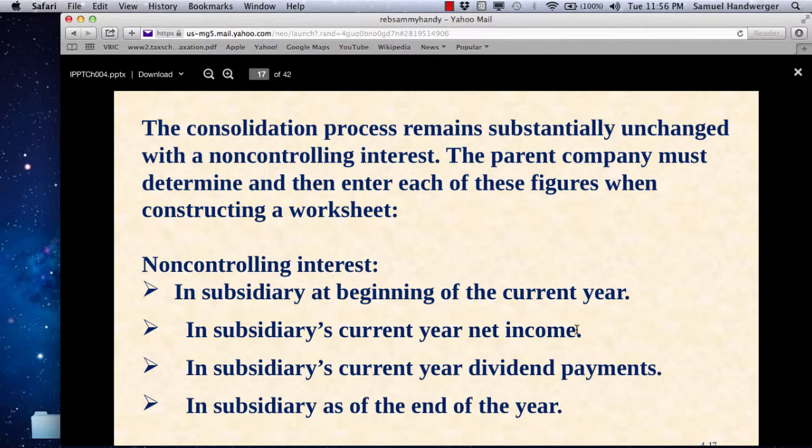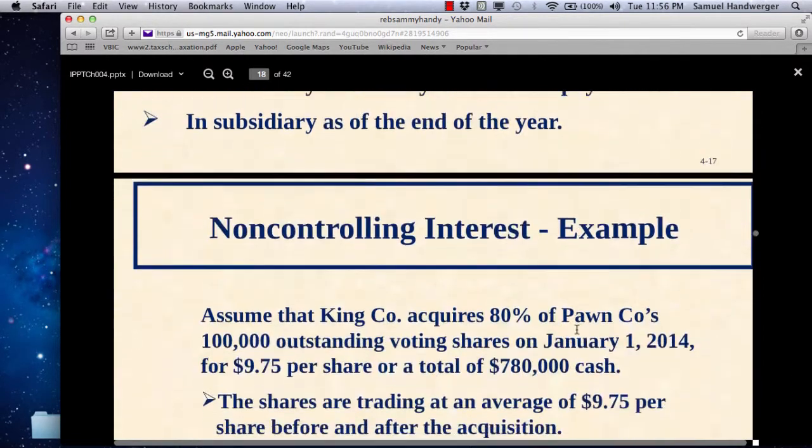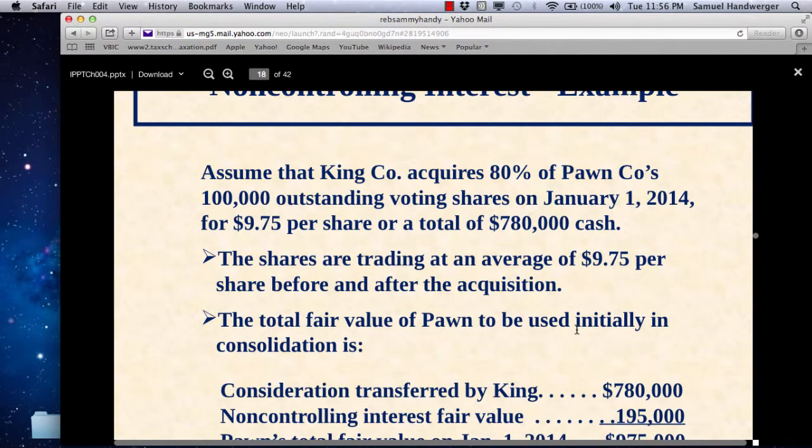We just spoke about that. We'll show the amount of dividends that belong to the non-controlling interest shareholders, and we'll show the, quote, equity of the consolidated financial statement that belongs to the non-controlling interest at the end of the year. Those are the things that will show up. Again, these are things that are fun to talk about, wonderfully presented here in this PowerPoint, but mean a whole lot more when you actually see it. So let's do an example.